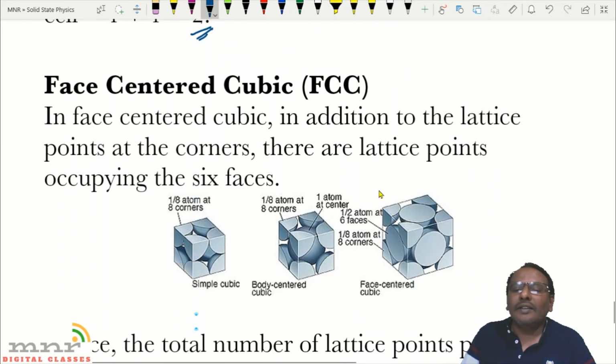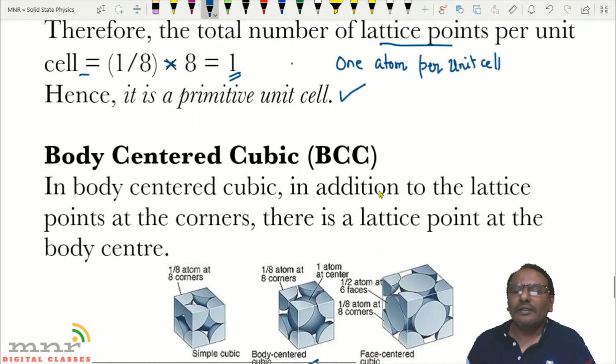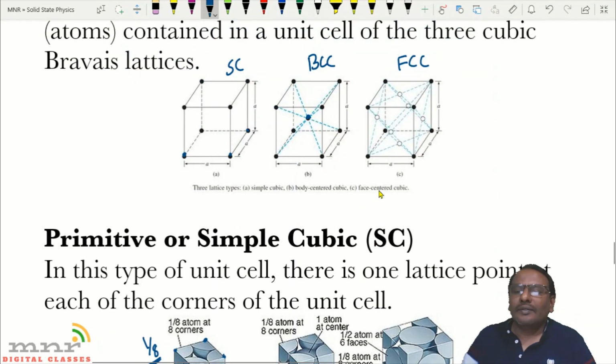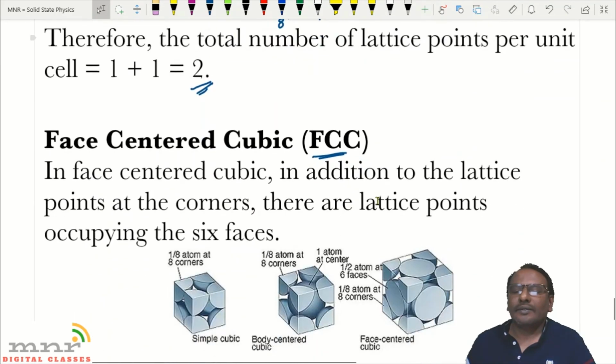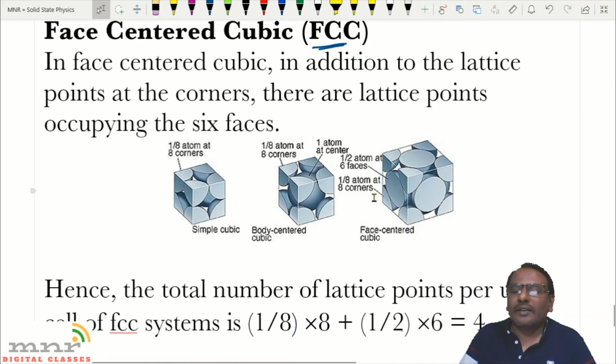The third one is the face-centered cubic crystal. In the face-centered cubic crystal, we have 8 atoms at the 8 corners. In addition to that, 6 atoms at its 6 faces. Now let us understand the number of atoms present per unit cell in the case of FCC.